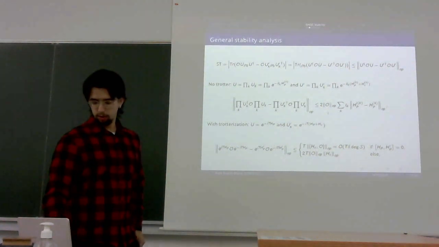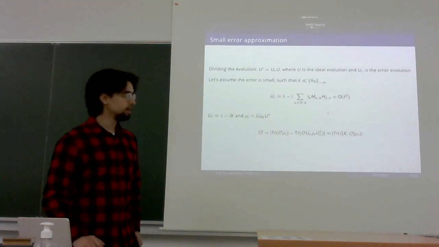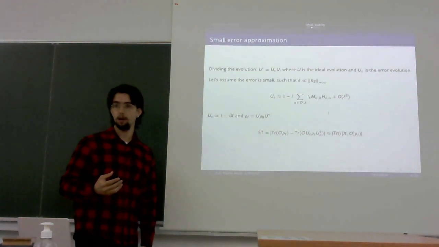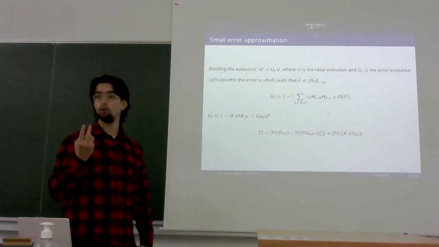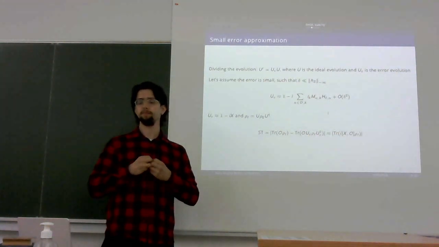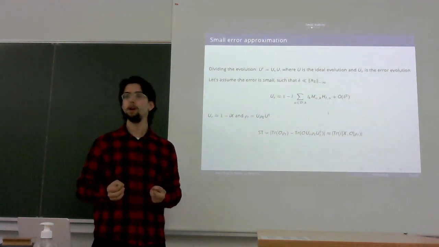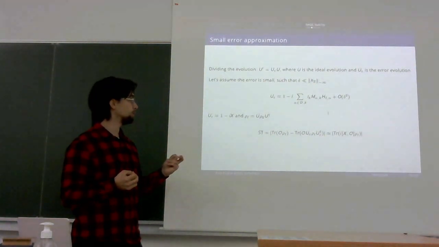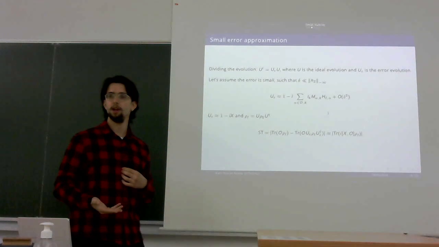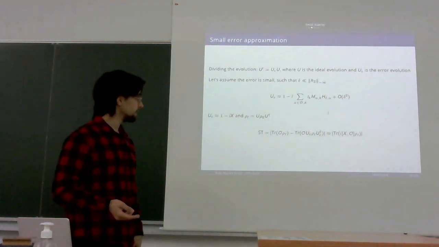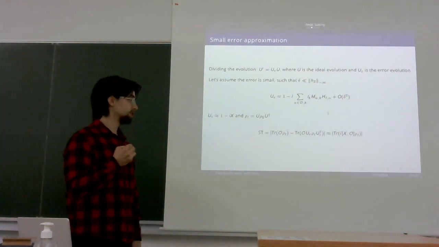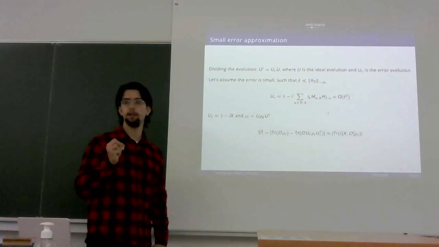Now, to extract more information from this stability, what we are going to do is a small error approximation. We can divide our evolution into two evolutions, which will be the ideal evolution of a source Hamiltonian that has no error, and then the evolution that is caused by the errors, by just having these analogical errors. Now we are going to assume that delta is small in the sense that it's much smaller than the smallest coupling that we have in our source.